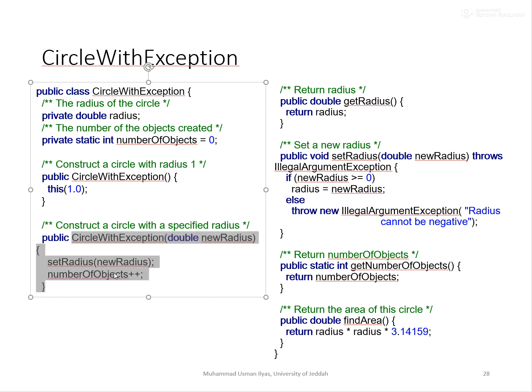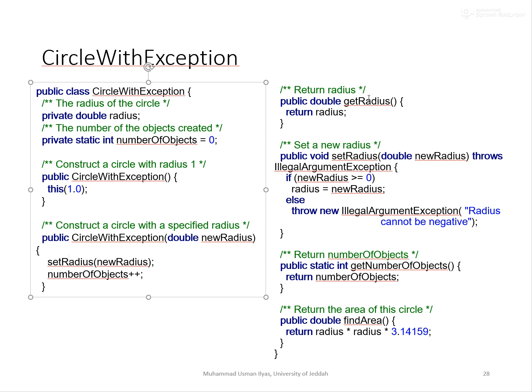So in any case, we're calling the constructor that takes a radius as an argument. Inside of it, we call the setRadius method to assign the new radius value to the radius member variable, and we increment the numberOfObjects counter.